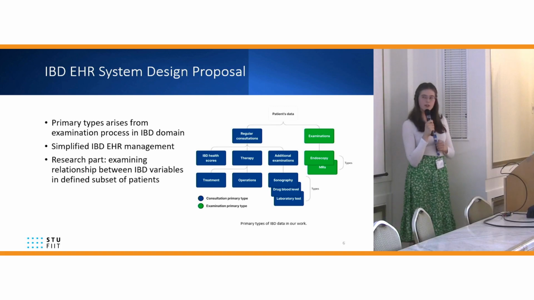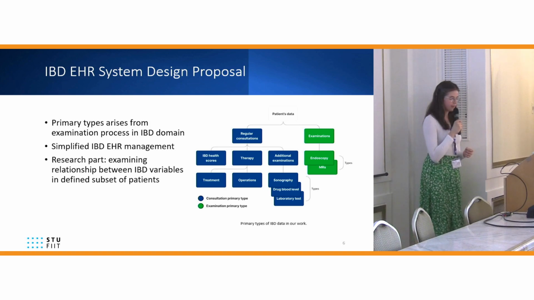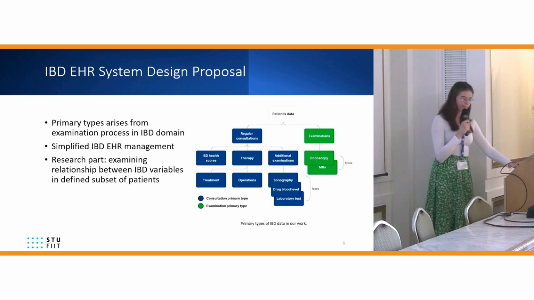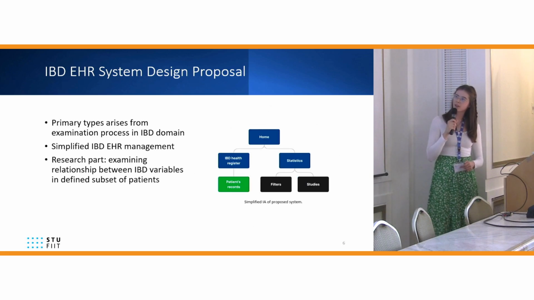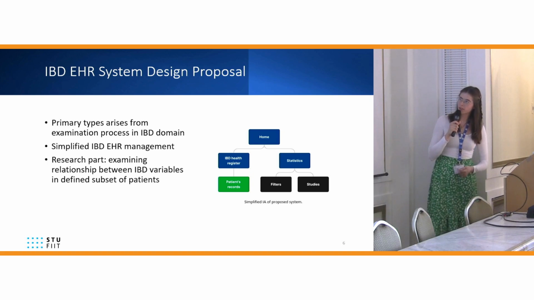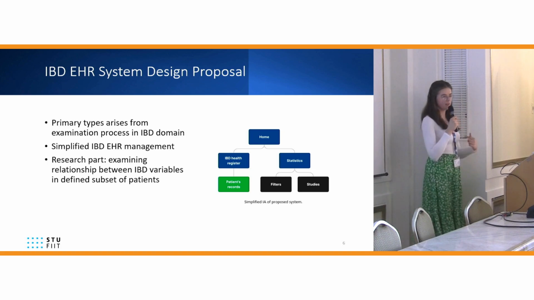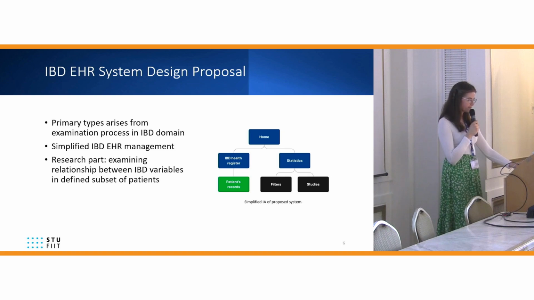Systems in general are not ideally structured, so we also needed to simplify the information architecture of the IBD EHR system, and our system, on the next figure, consists of the IBD health register, which consists of patient records, and the next one, a research part, consists of filters and studies. Filters are for creating subsets of patients, which are subsequently used in studies.